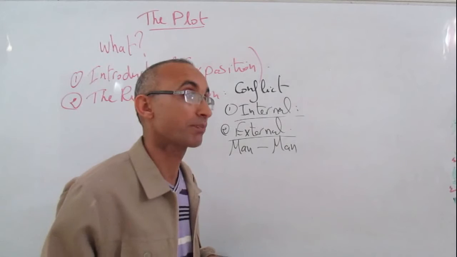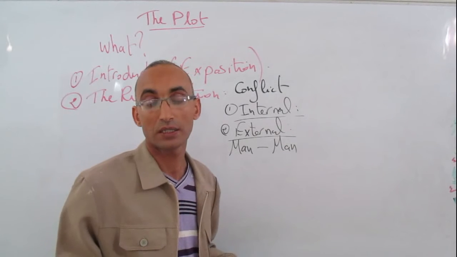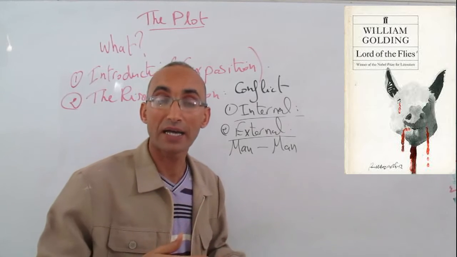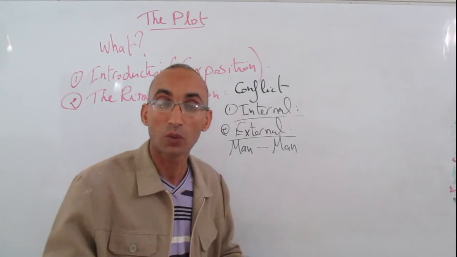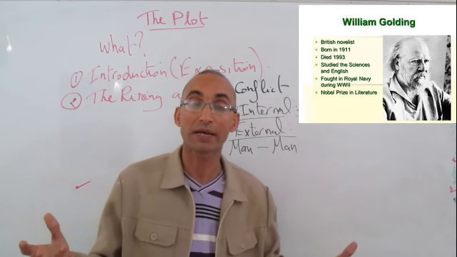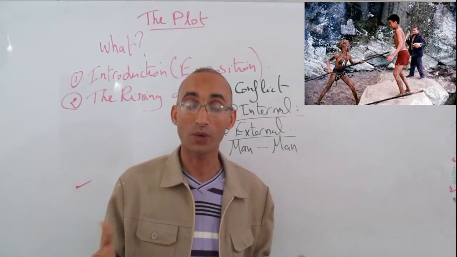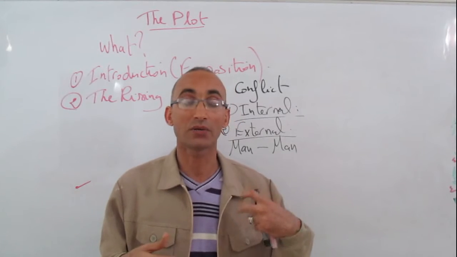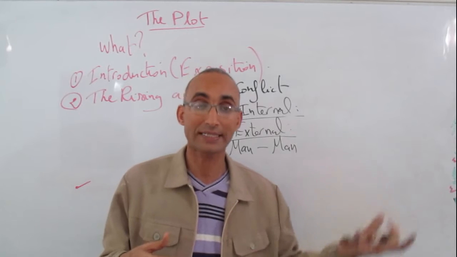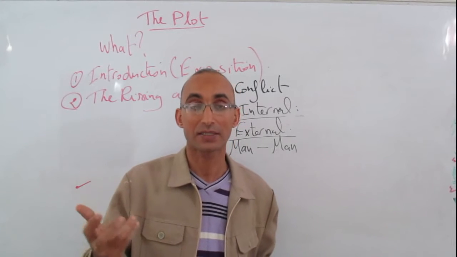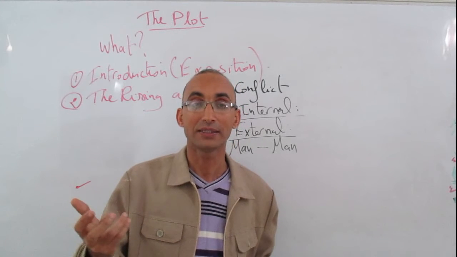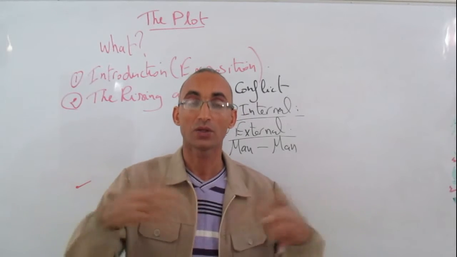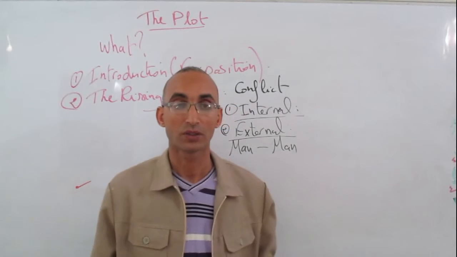For example, remember the example of Lord of the Flies by William Golding, when Ralph and Jack were in struggle against each other, when Ralph represents goodness and Jack represents evil and savagery. Here we have two characters against each other.